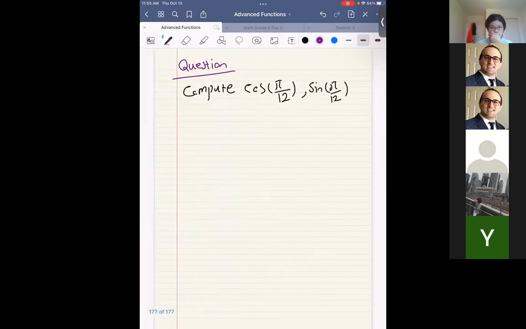So first try to write pi over 12 as pi over 3 minus pi over 4. So 1 over 12 is 1 over 3 minus 1 over 4.